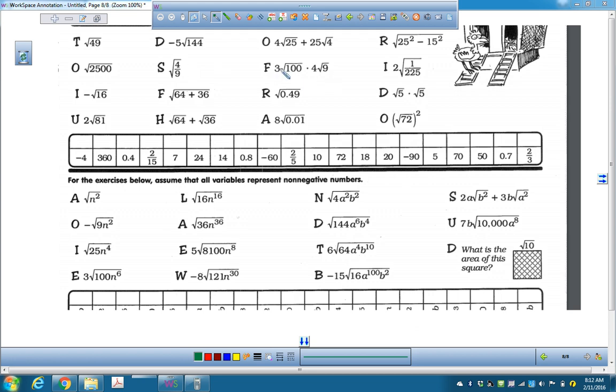This one, you can simplify and then multiply. This one I think you can do, this one you can do. This one you add them together, and then you take the square root. Okay? What's the square root of 72 squared? 72, right? So if you square a square root, it just takes away the square root symbol. Did you know that?